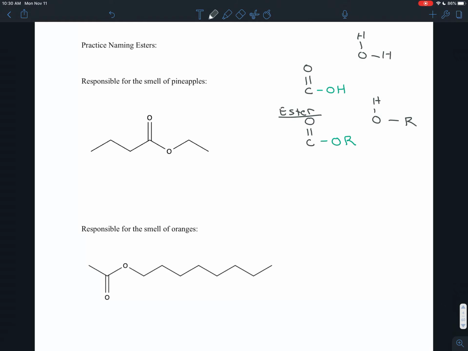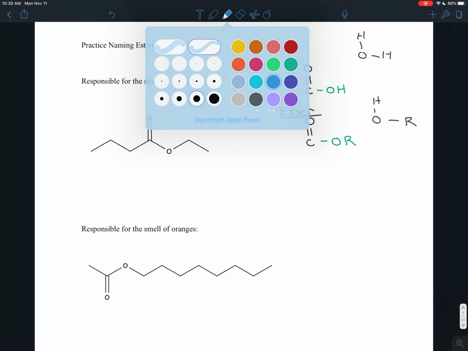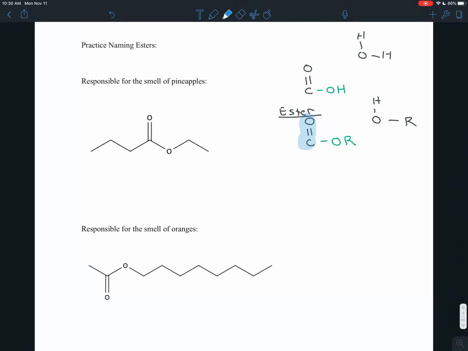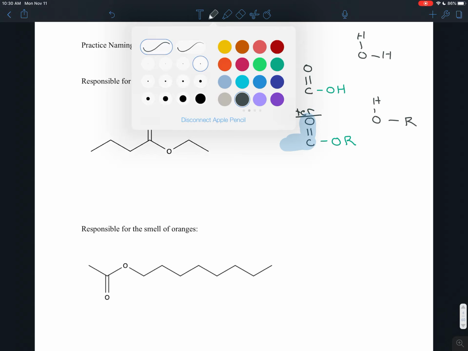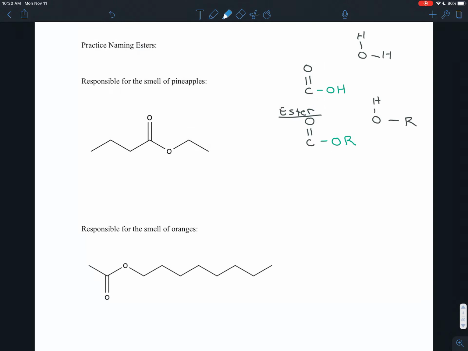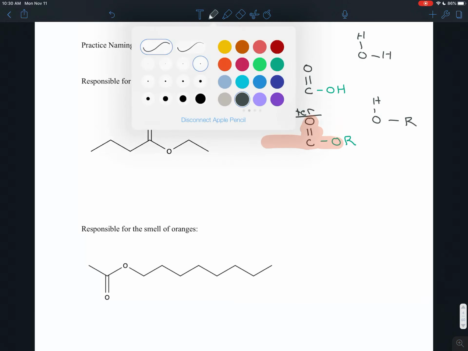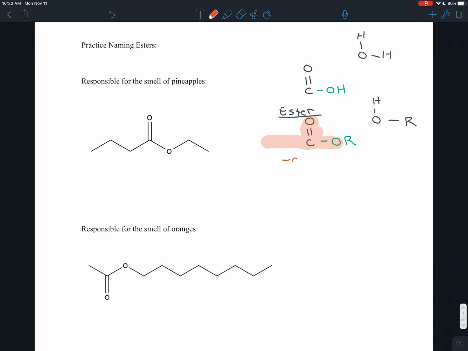Okay, well, how do you name an ester? It's a little tricky because you have two parts. You have a carbon chain that has the carbonyl, and that'll be named as the backbone, and the suffix for that carbon chain with the carbonyl will be -oate.